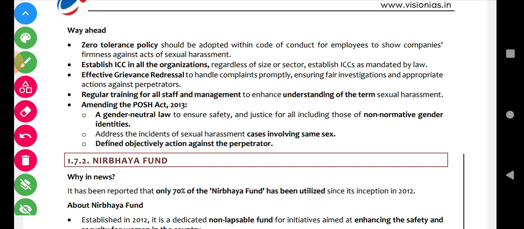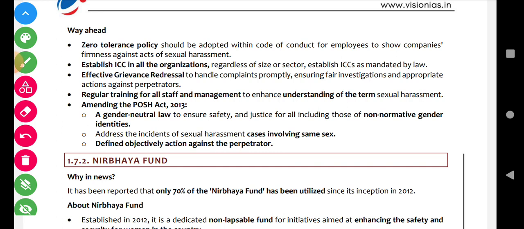Establish ICC in all organizations regardless of size or sector, as mandated by law. An effective grievance redressal mechanism should be set up by the company to ensure fair investigations and appropriate actions against perpetrators.